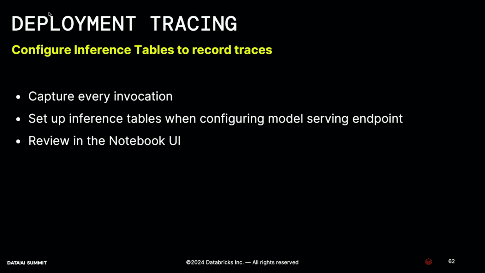Another thing in Databricks, which this one is super exciting, we're actually doing production logging of traces as well. So if you use Databricks deployment services, so model serving, and you're deploying something that has tracing enabled on it, and you configure inference tables to link to that model, we're going to record every access of that model in production.